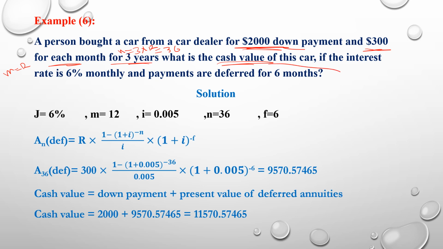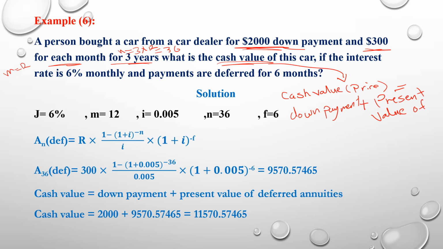The cash value of the car equals the price of the car, and this equals the down payment and the present value of the annuities. We already have the down payment, which is $2,000, and we need to find the present value of these annuities.